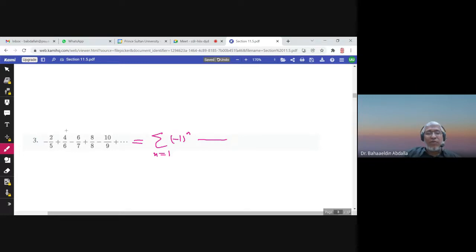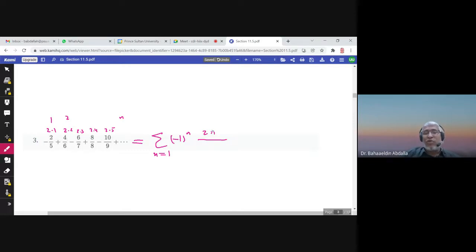Here 2 times 1, here 2 times 2, here 2 times 3, here 2 times 4, here 2 times 5. So with n, I'll have 2 times n. Also, you can say that I am adding 2: 2 plus 2, 4 plus 2, 6.